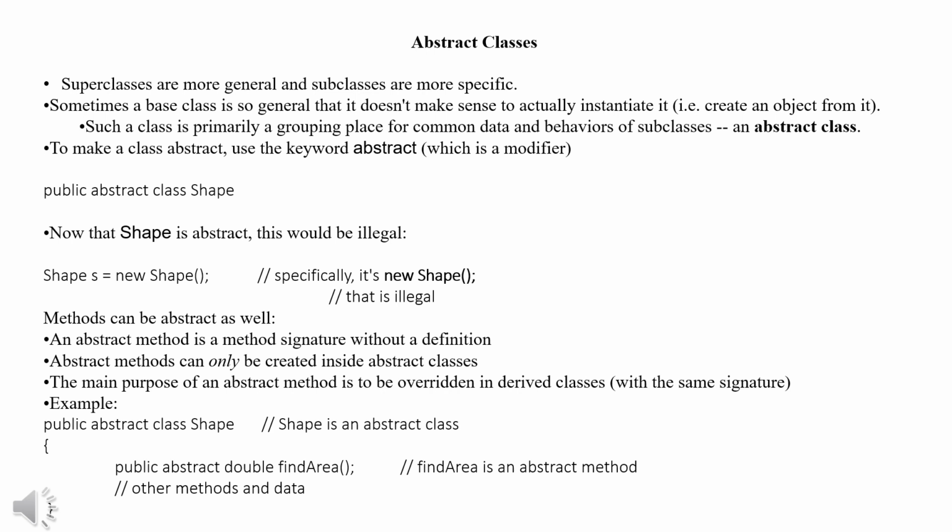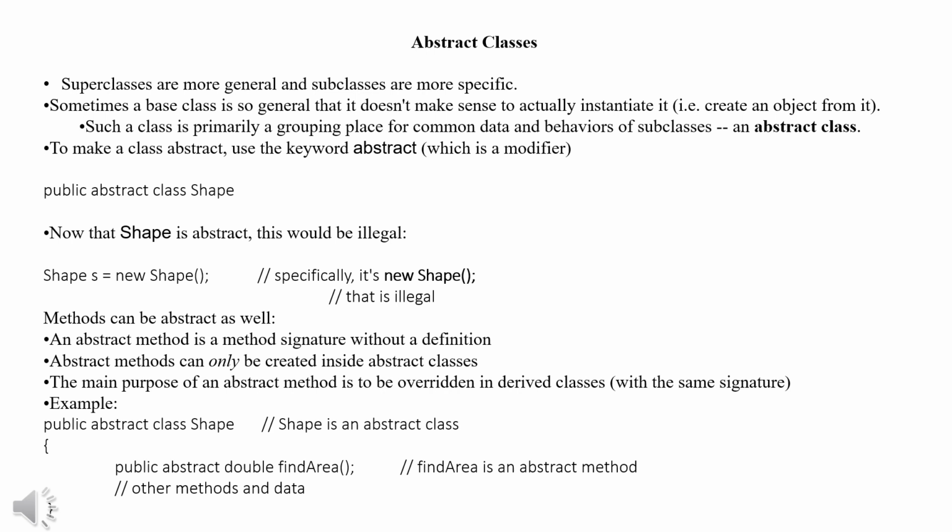And since this class is abstract, you cannot create an object from this class. So if you write Shape s equals new Shape, as you see in this slide, it would be illegal and it doesn't make sense at all. The reason is that for abstract classes, it doesn't make sense to create an object from them. So that's about abstract classes.